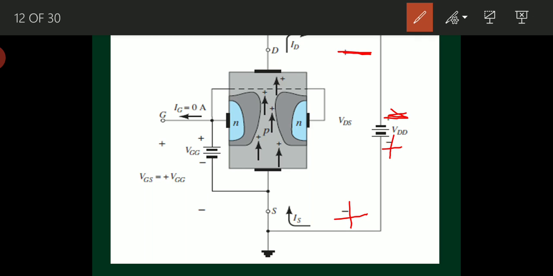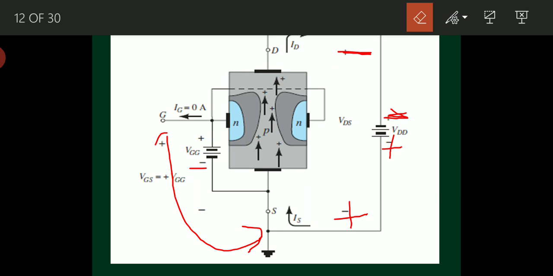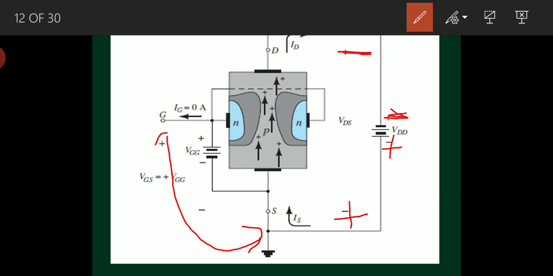What is Vgs? The voltage between gate and source, which is the voltage VGG. VGG means VGS. It is the voltage applied between gate and source, and I am simply writing this voltage source in double subscript notation. So Vgs equal to VGG now.